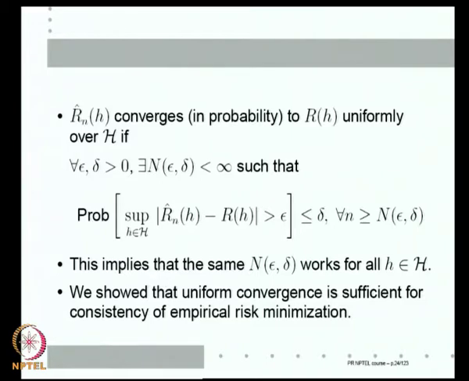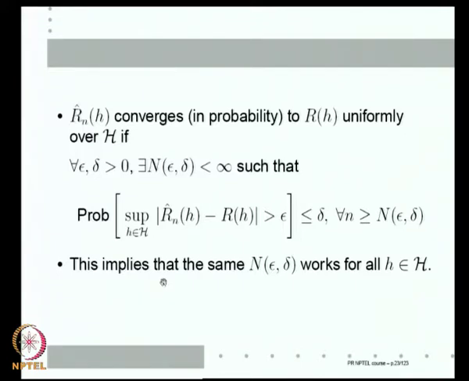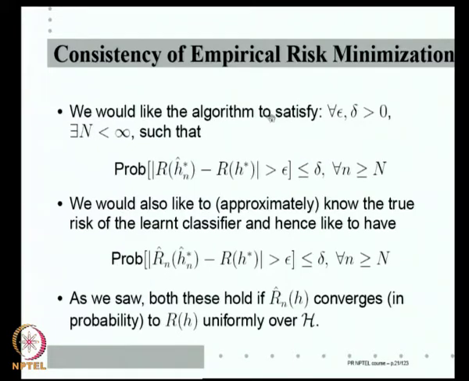Now, we showed last class that uniform convergence of R̂_n(h) to R(h) is sufficient for consistency of empirical risk minimization. We showed that if R̂_n(h) converges uniformly to R(h), uniformly over the class of classifiers H in which empirical risk is minimized, then both these things that we wanted earlier are satisfied.